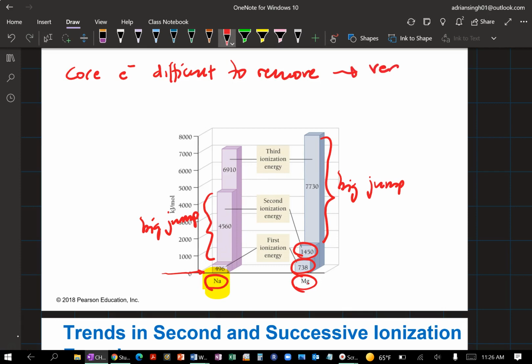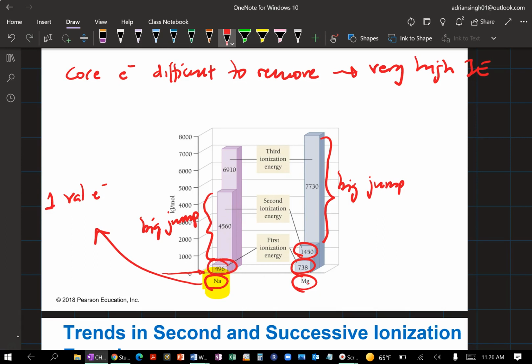They have very high ionization energy. We can observe that for sodium, for example. We know sodium has one valence electron, and it's very easy to remove. It doesn't take a lot of energy, just 496 kilojoules per mole.